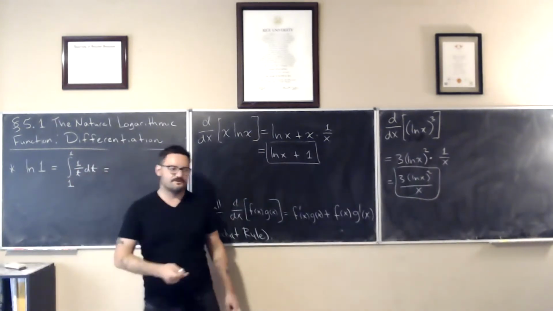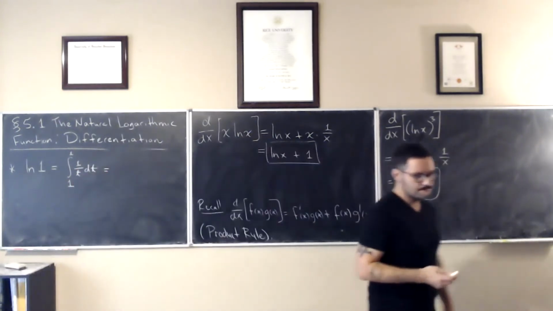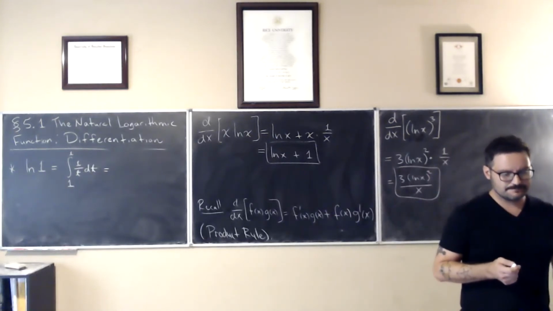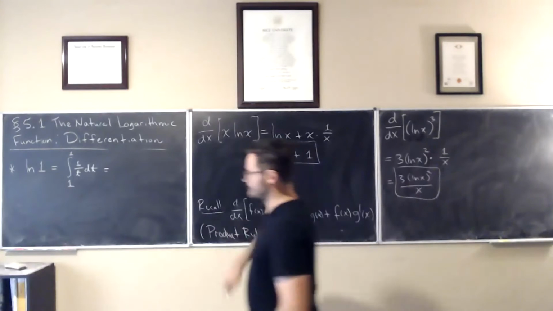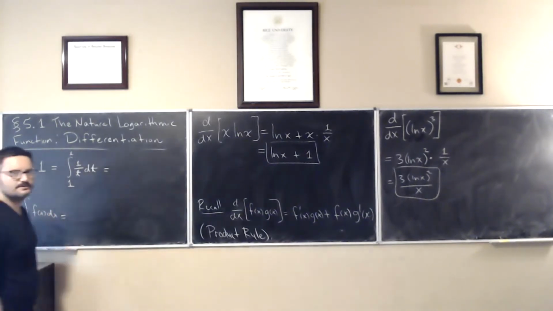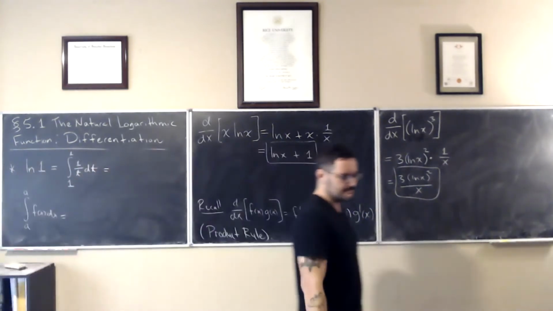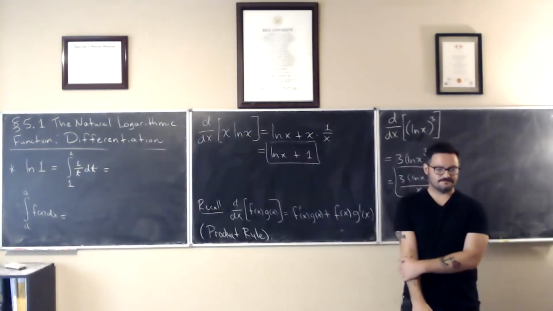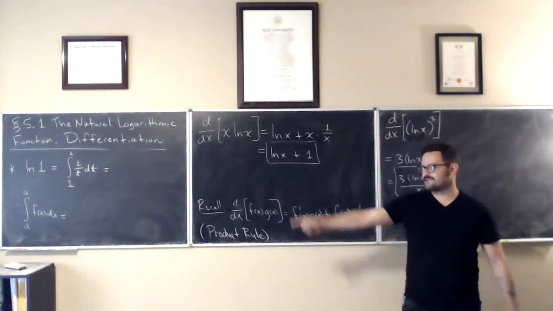What does this evaluate to? Like any integral function, if you have the definite integral from a to a of f of x dx, what does that evaluate to? How much area is under that curve?